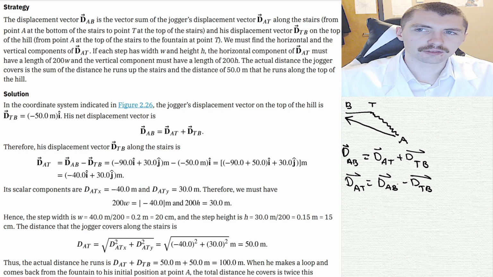Okay, so we had 90 and 30 plus minus 50 i.